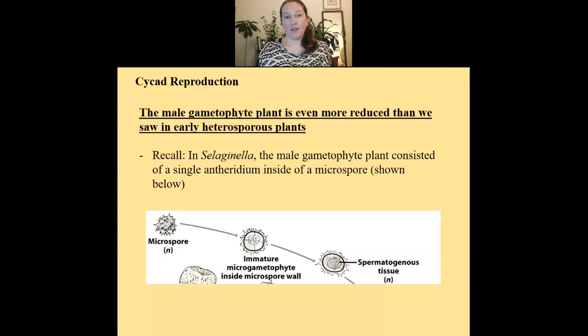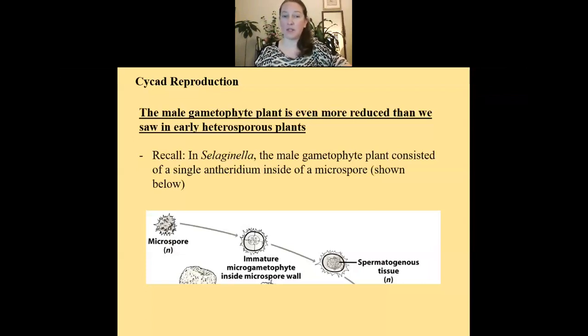In cycads, the male gametophyte plant is even more reduced than we saw before. Recall that when we looked at heterosporous species for the first time, which was in Selaginella, the male gametophyte plant was what I used to call testicles in space. Thanks, Dr. Casper. I can never not think of it that way. But the microspore was basically a structure with a single antheridium inside.